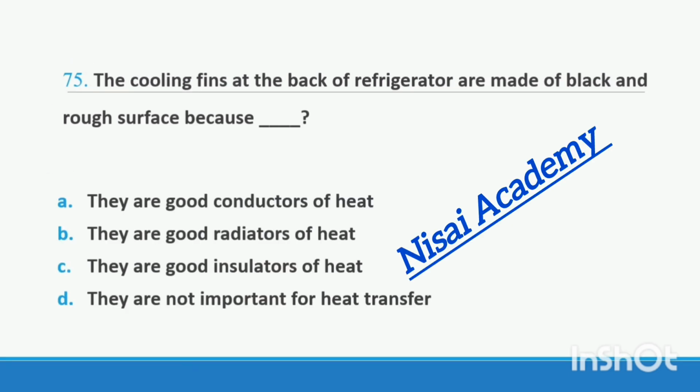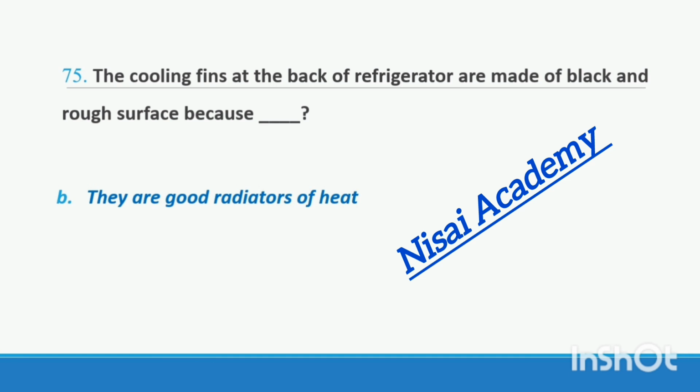Question 75. The cooling fins at the back of a refrigerator are made of black and rough surface because option A they are good conductors of heat, option B they are good radiators of heat, option C they are good insulators of heat, option D they are not important for heat transfer. They are good radiators of heat.